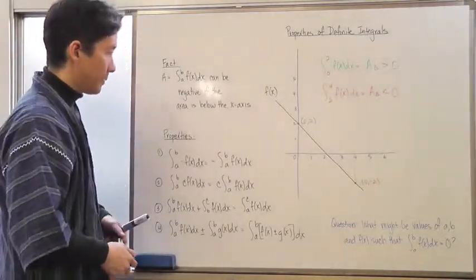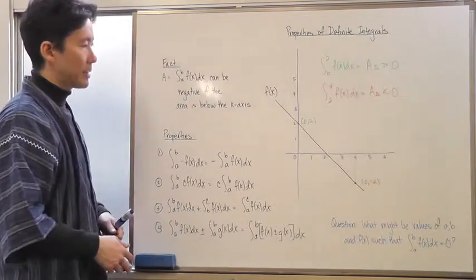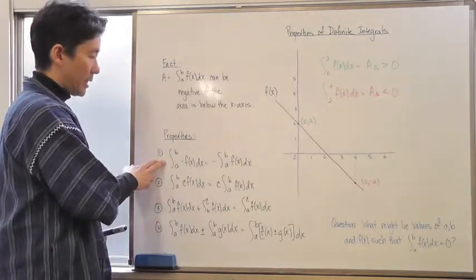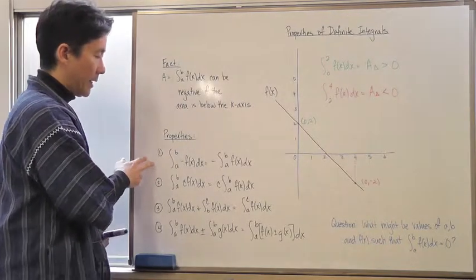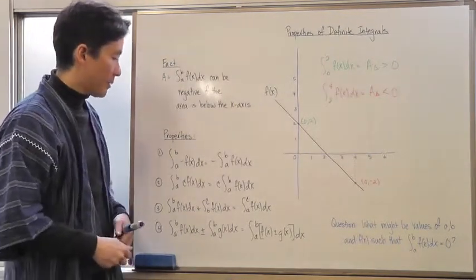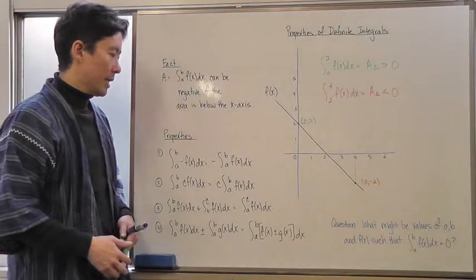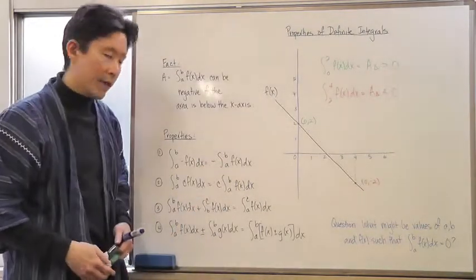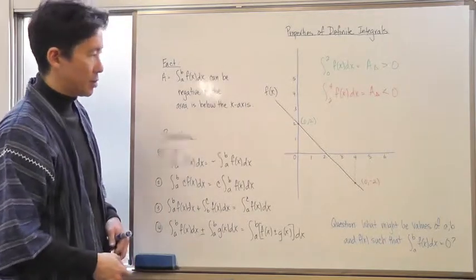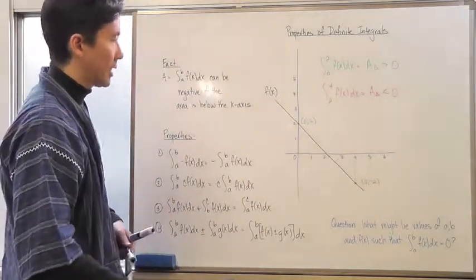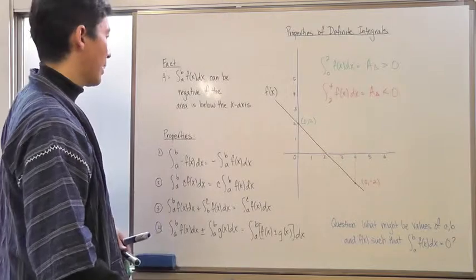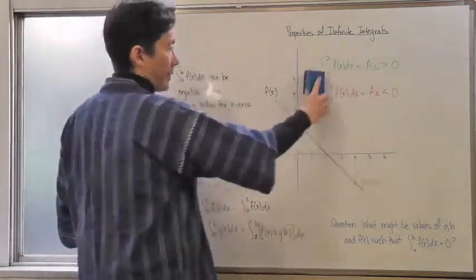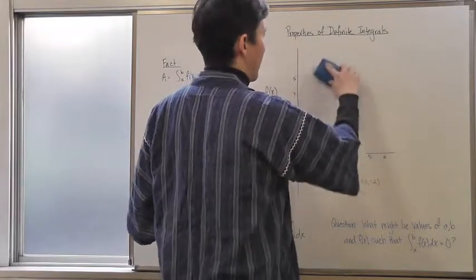Okay? Now, there are other properties that we also have to take a look at. One of these properties is the first one here, which is number 1: the definite integral from a to b of negative f of x dx is the same thing as the opposite of the integral from a to b of f of x dx. Now, why is that true? Let's take a look at this particular function here, and let me erase this part since we're finished.